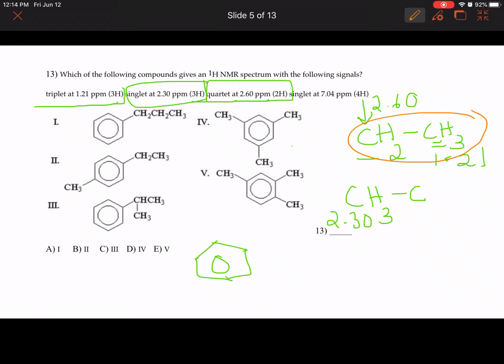So we can put our CH2 CH3 group on one end, and then the methyl group has to be on the other end. So 4 hydrogens are going to be these 4 hydrogens.